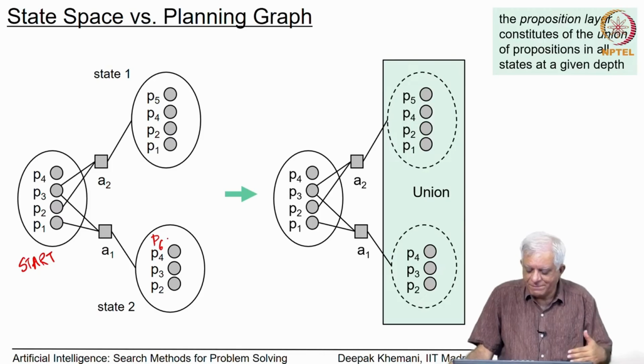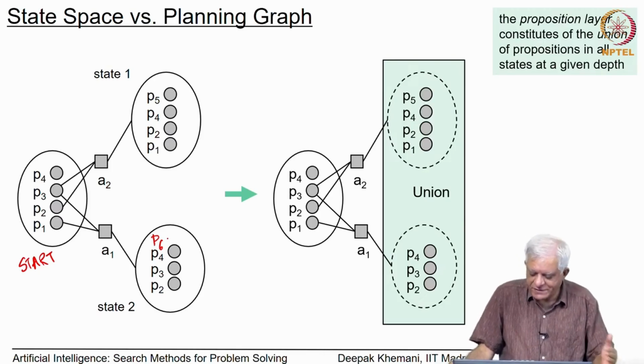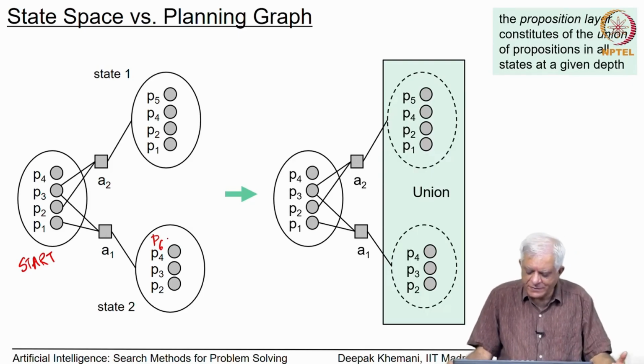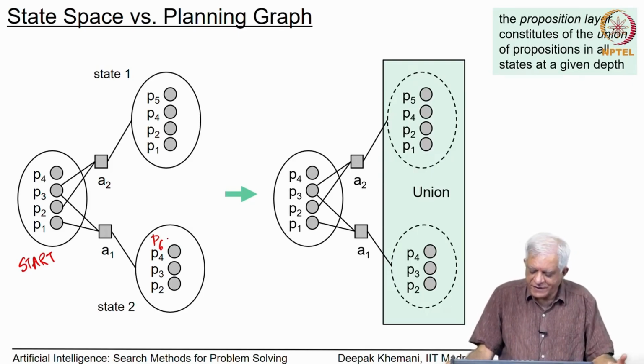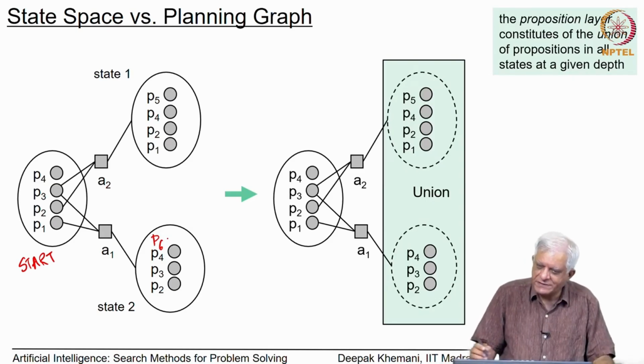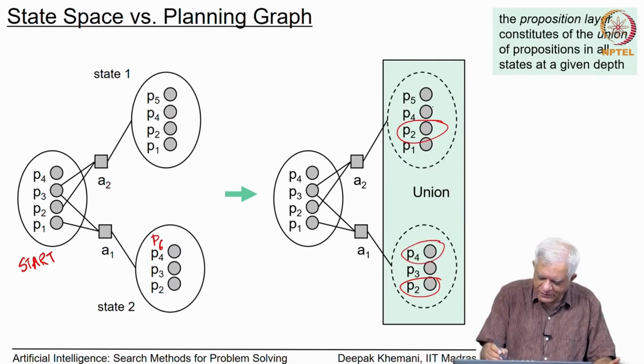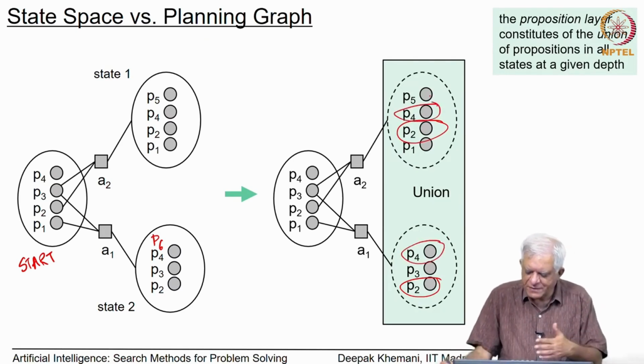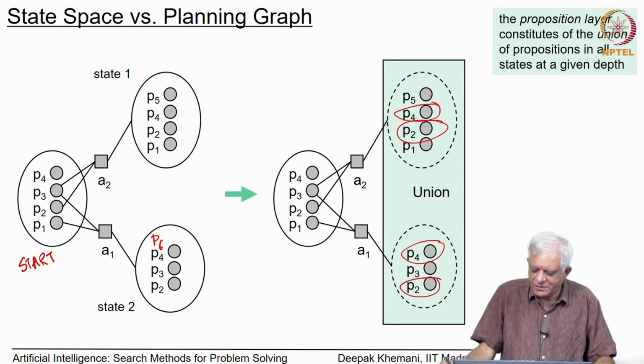You can see that in this diagram on the right hand side, we have merged the propositions in the two states, and we have constructed one layer. Of course, I have not shown you the union operation at this moment, because as you can see there is P2 here and P2 here, and also P4 here and P4 here, but in the union there would be only one copy of each.